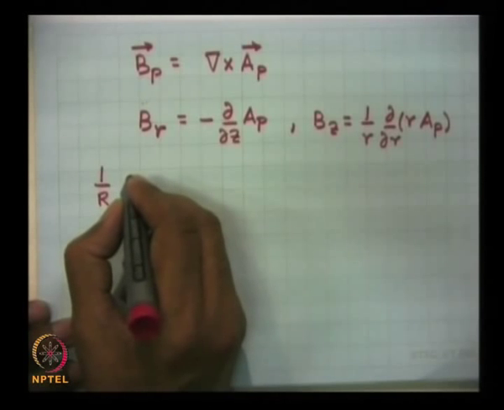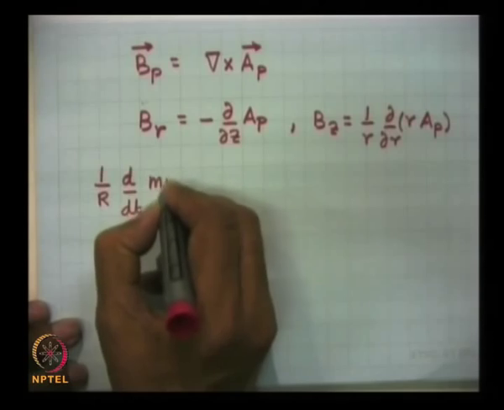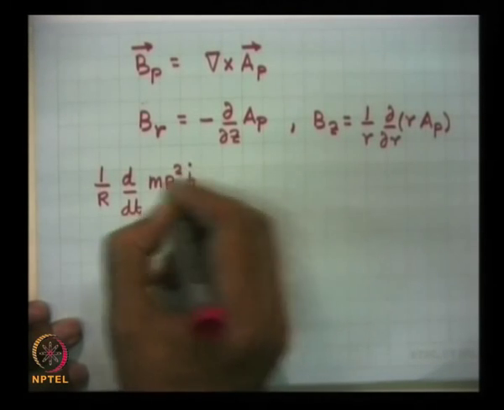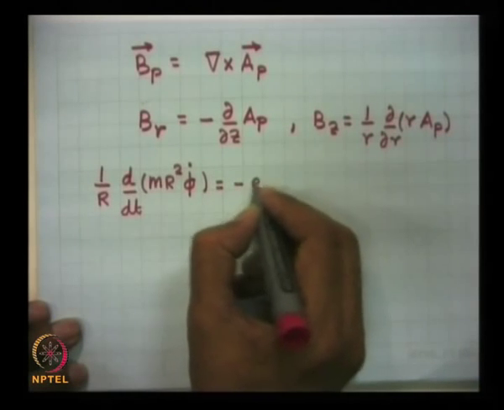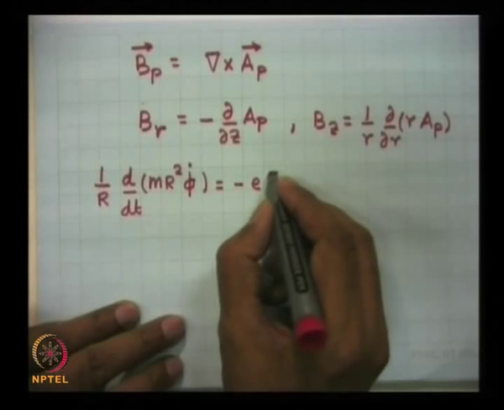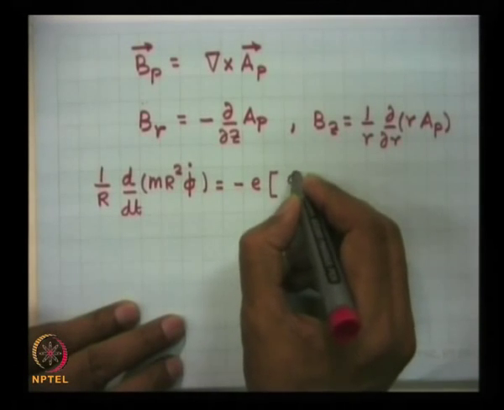So, this is d dt of m r square phi dot is equal to minus e Vz Br. Now, Vz I write down as dz by dt.